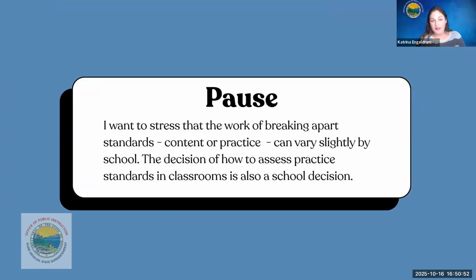So I want to pause again and say that there's a lot of different ways to figure out how to break these apart and what standards you're going to set for kindergarteners, first graders, second graders, all the way up to 12th, and how you're going to assess that and figure out, hey, my kids actually do know how to justify and prove, for fifth graders. They've hit that.